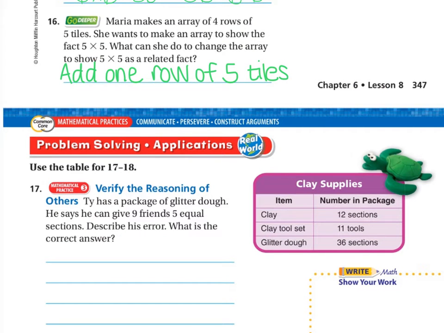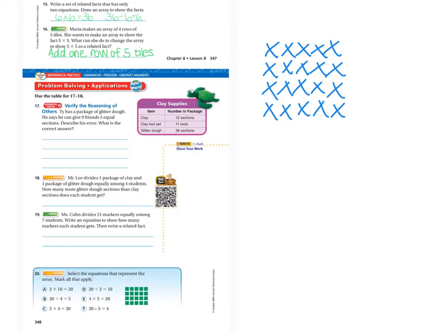The answer to number 16 is add 1 row of 5 tiles. Please jump ahead if you had that. We could visually see this problem by modeling the array that Maria originally made. She originally made 4 rows of 5. We can see that over here. 1, 2, 3, 4 rows of 5.